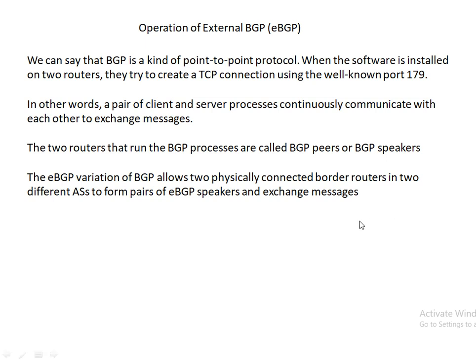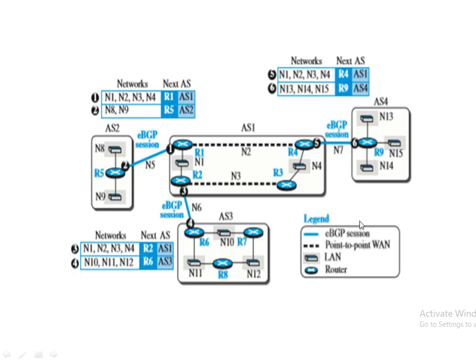Let us better understand using a diagram. The circled numbers like 1, 2, 3, 4 tell us which router is communicating. The circled routers define the sending router in each case. Message 1 is sent by router R1, and it tells router R5 that network N1, network N2 and network N3 are connected to it.